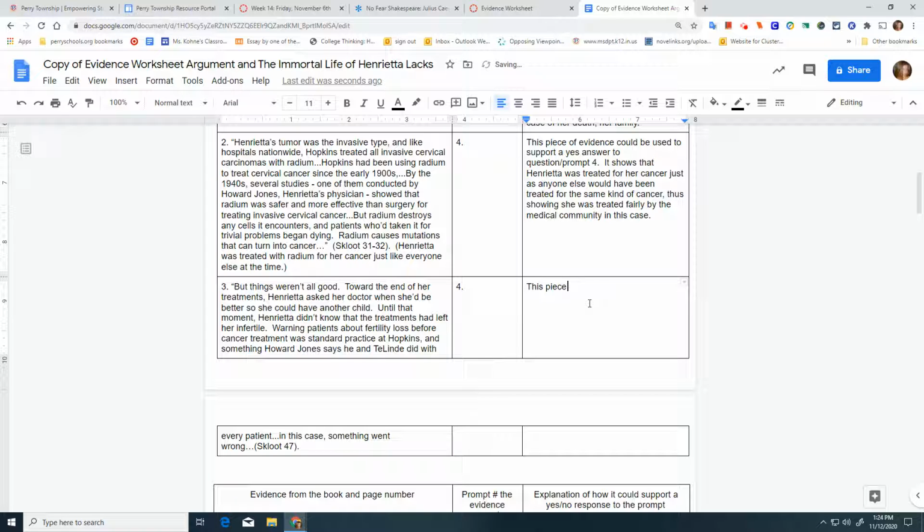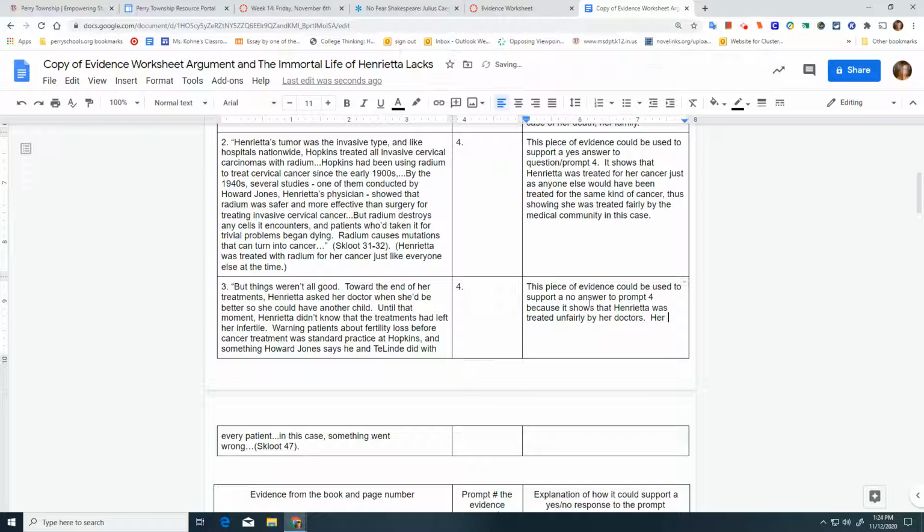This piece of evidence could be used to support a no answer to prompt 4 because it shows that Henrietta was treated unfairly by her doctors.